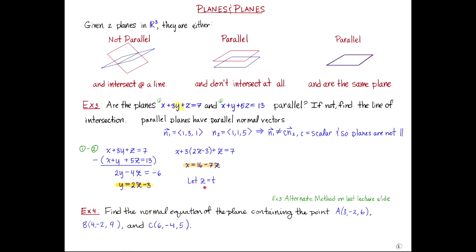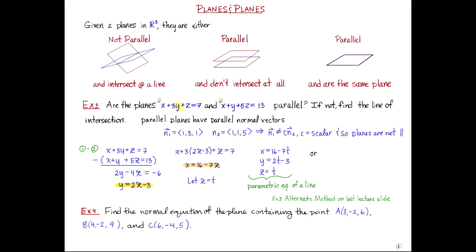Subbing z equal to t into x, we have that x is equal to 16 minus 7t. Subbing z equal to t into y gives us y equal to 2t minus 3. z is equal to t. This is the parametric equation of a line.